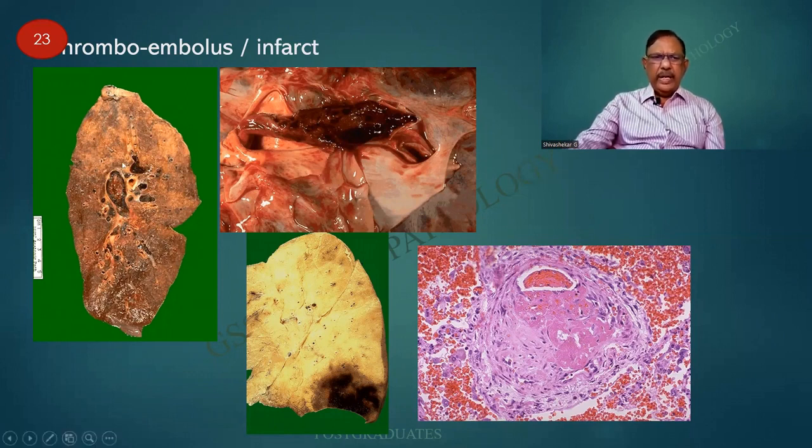And here again, I am able to see a large thrombus occluding a vessel. And this is again a case of a thrombus in an autopsy specimen. There is a section showing recanalization. This is obviously the infarct that we see, a wet infarct or a red infarct, seen over here.